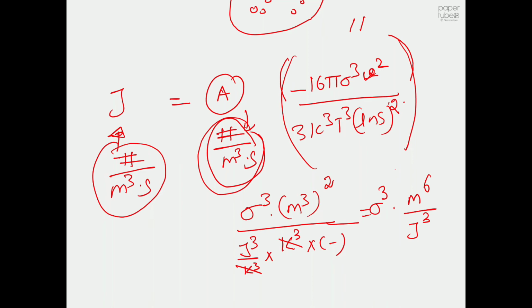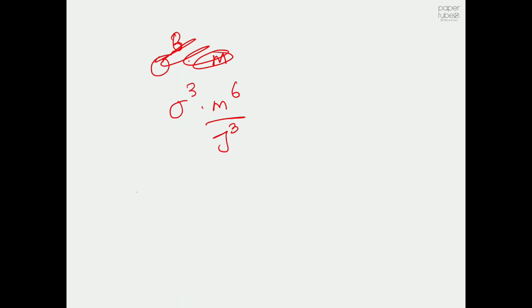So this quantity will become dimensionless when the unit of sigma cube times meter 6 divided by joules cube works out.